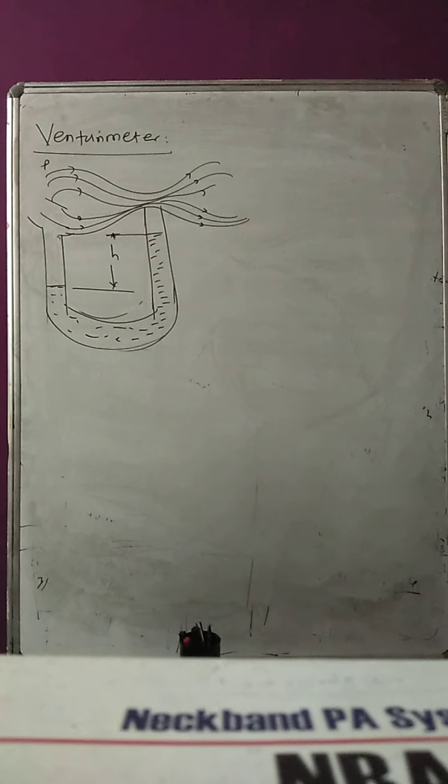What is that venturimeter? First of all, define it: it is a device to measure the flow velocity in an incompressible fluid.